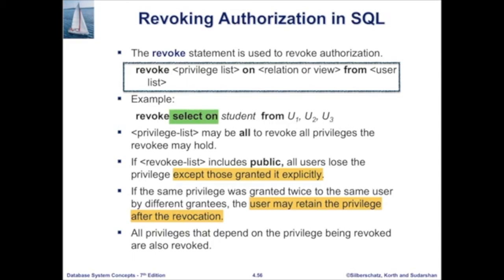And then the privilege list may be all to revoke all privileges the revokee may hold. So, tuwing kailan ginagamit yung revoking an access? Whenever we have, let's say, an employee that is no longer part of the organization, so nire-revoke natin yung access.